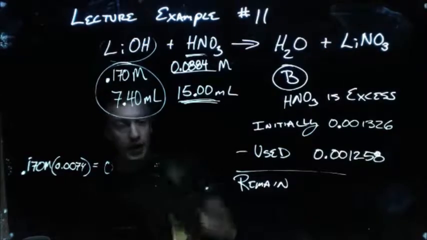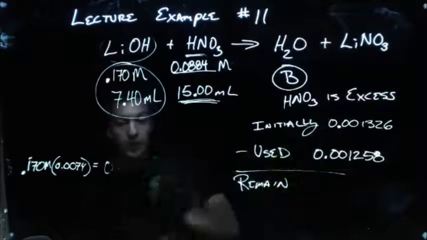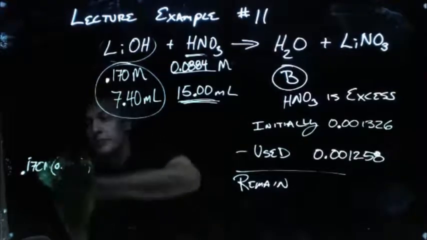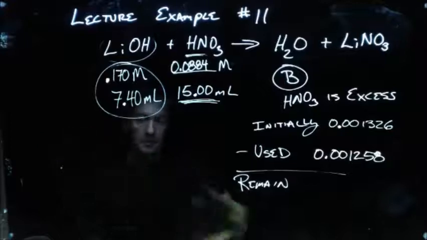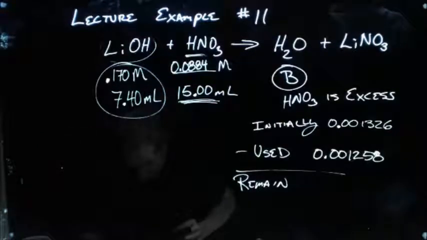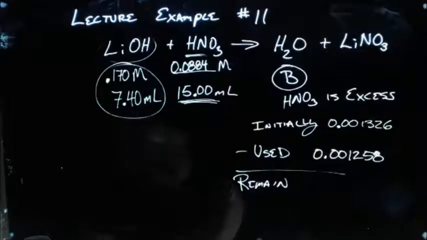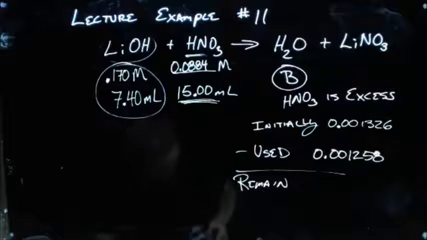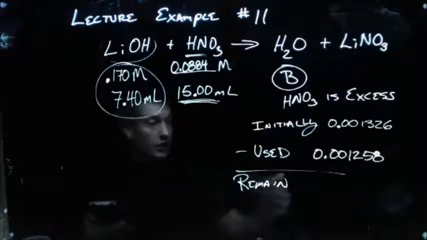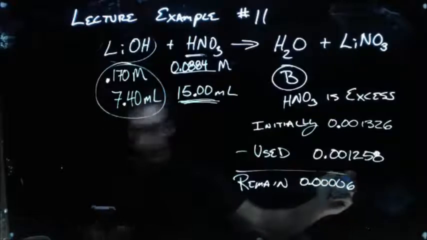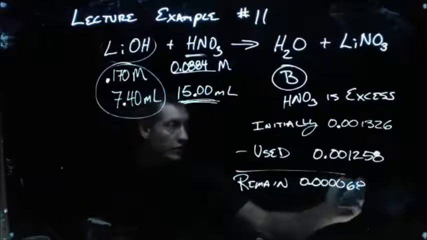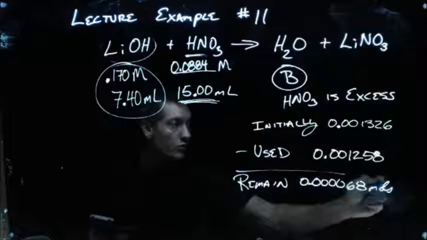How much nitric acid? It's going to be the difference between those two numbers. And that's going to come out to be 0.000068 moles.